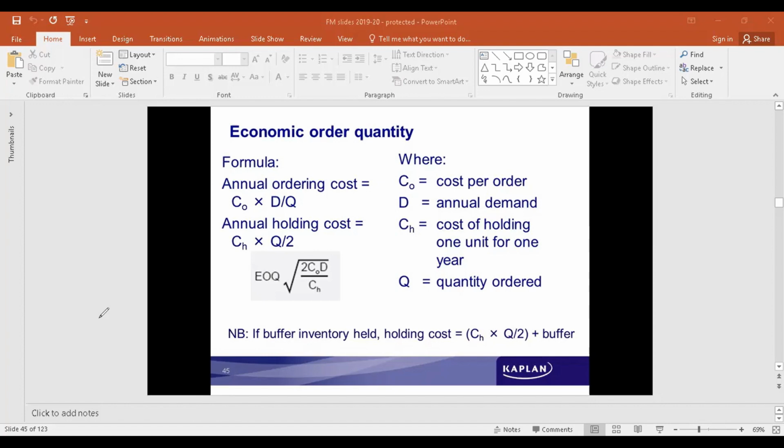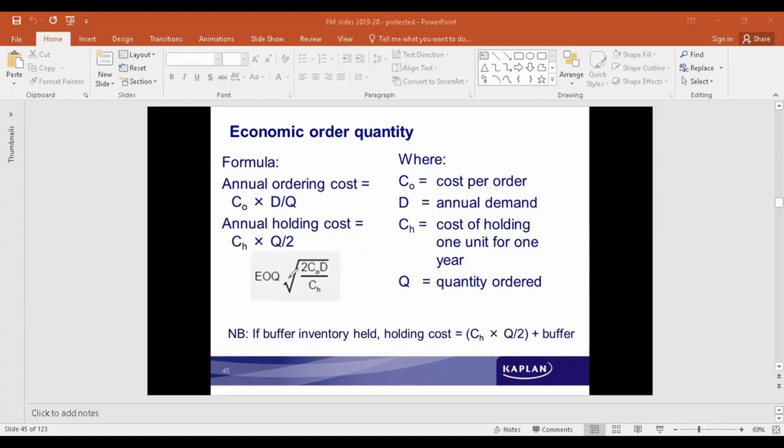So it is a balance between how many units they store at a time in the stores department and the minimum number of times they would place an order. Just remember the formula. There's nothing more theoretical about it, which has to be learned and remembered.